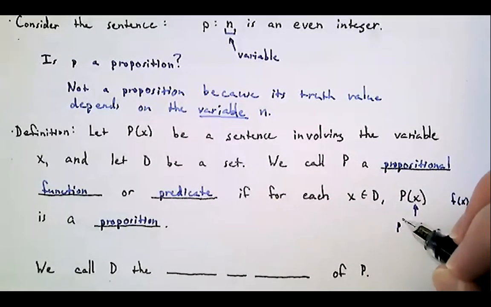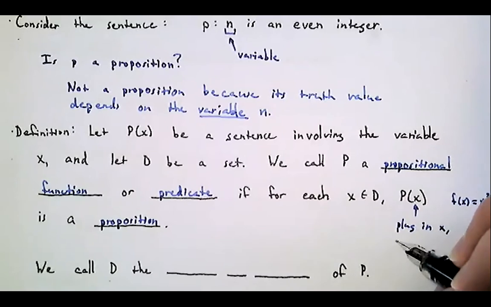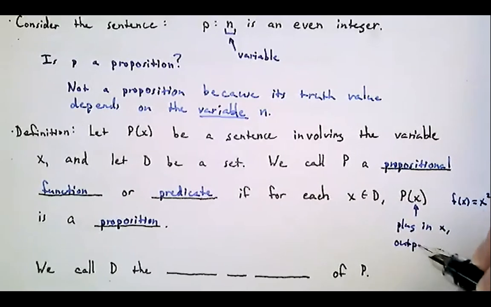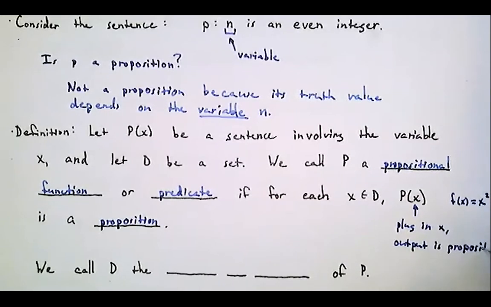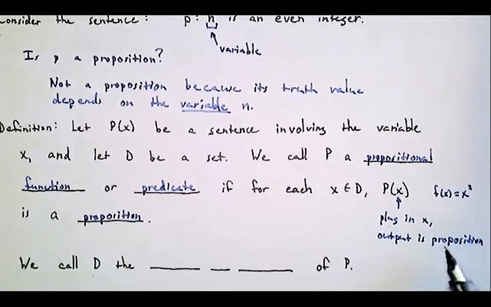So plug in x and the output is a proposition. So instead of a number, we get something logical, something that's true or false.